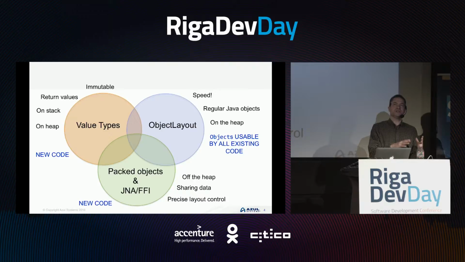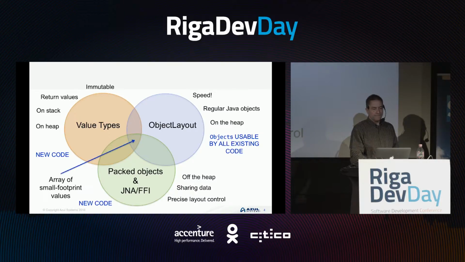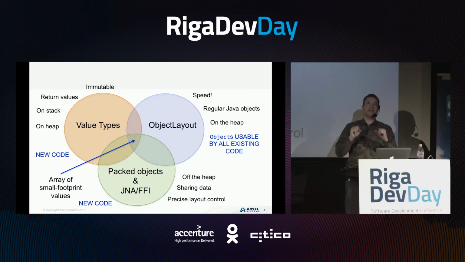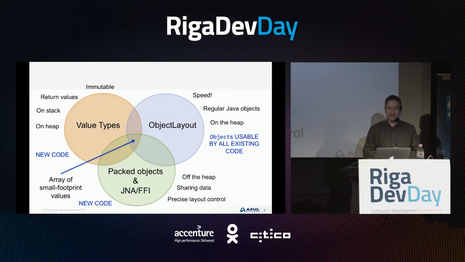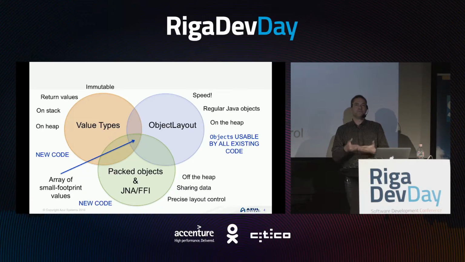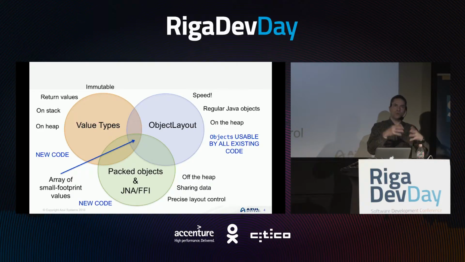You won't have to change the way you use generics. You won't have to change the way that you use JNI. None of that will change. And there is a little bit of overlap between those three projects in terms of where you might want to use these things. And so there is a situation where you might have an array of small footprint values that you need to process. And so you could potentially use all three of these things together.